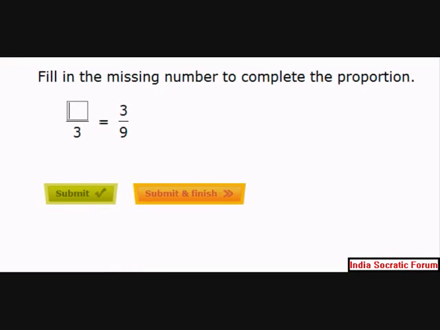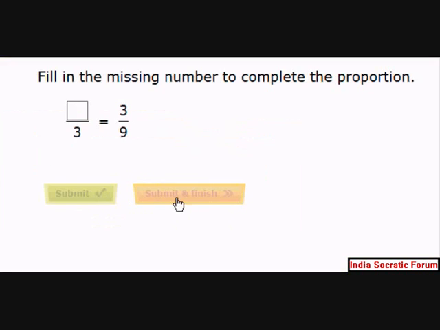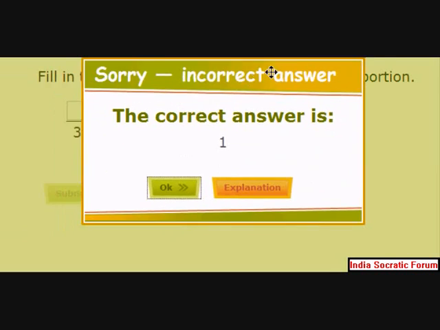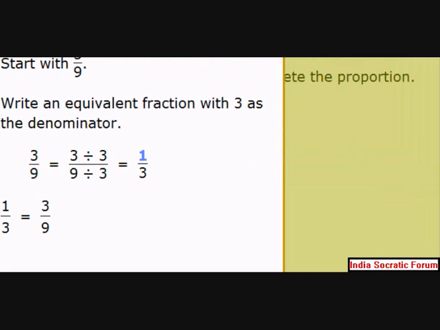Good job. Fill in the missing number to complete the proportion. What by 3 equals 3 by 9? Okay, let's find that out. Start with 3 by 9 and do that. Pause the video and divide and find. The right answer is 1. How did we get it?